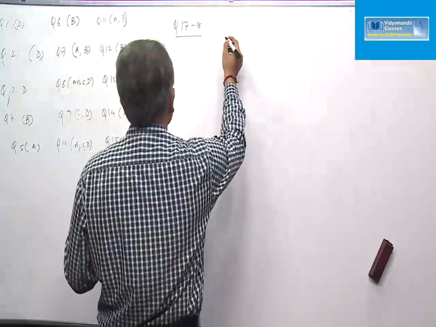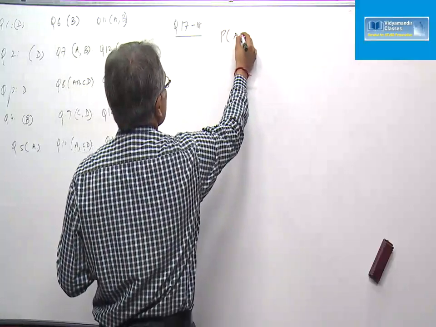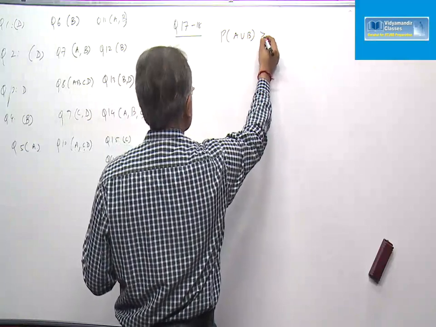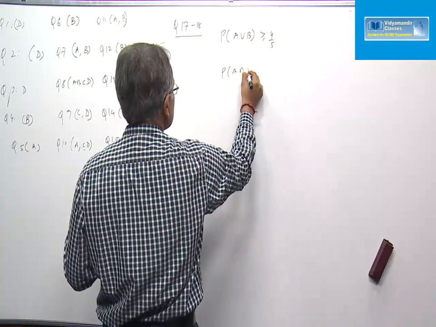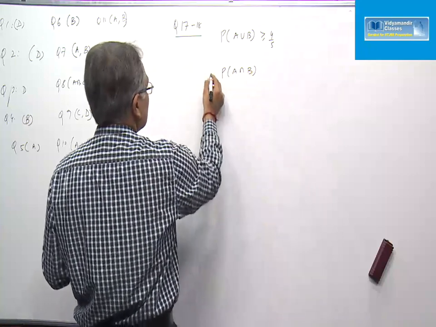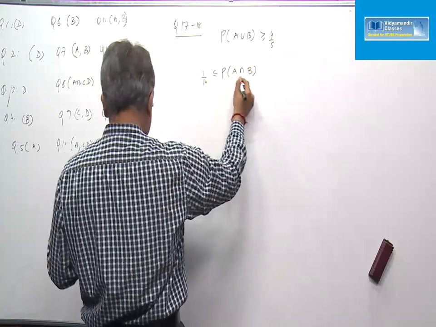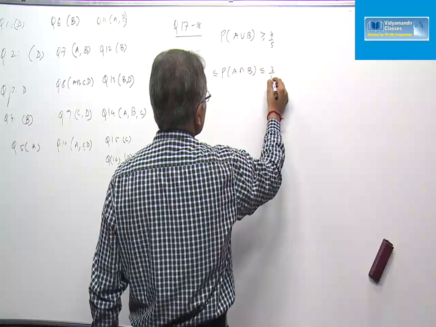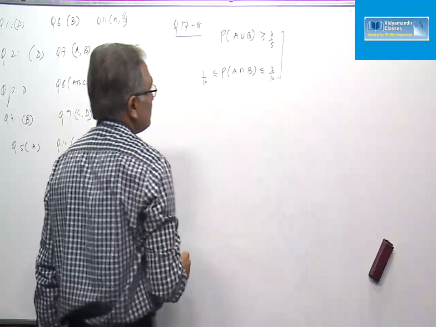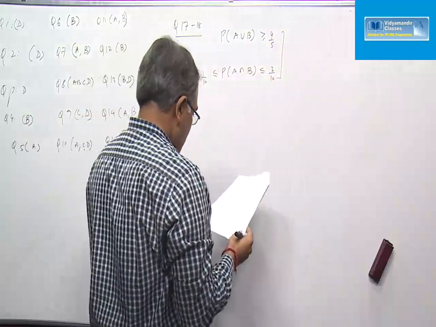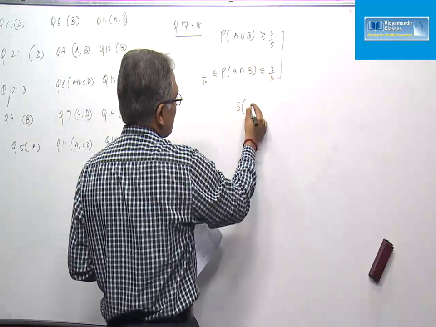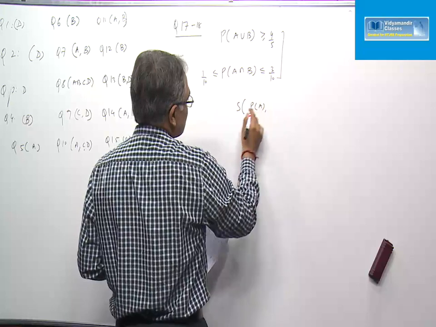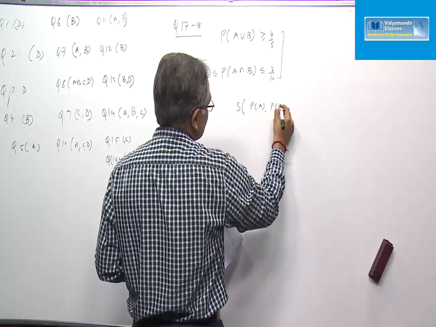Probability of union of two events A and B is given as greater than or equal to 4 by 5, and probability of A intersection B is lying in 1 by 10 to 3 by 10. Now from these two equations, we need to find the area bounded by the set of all the points (PA, PB).